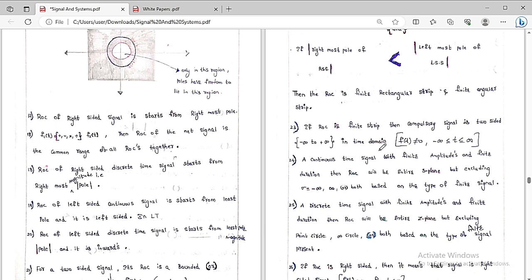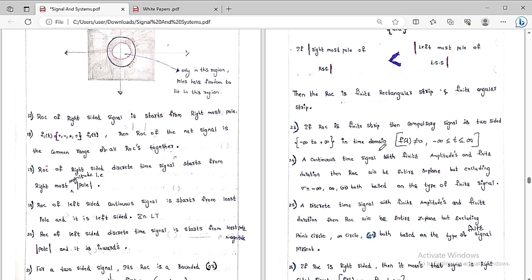First you have to check whether a given signal is a right-sided signal or not. If it is not, then check whether it is a left-sided signal or not. If it is neither right-sided nor left-sided, then by default it is a two-sided signal.